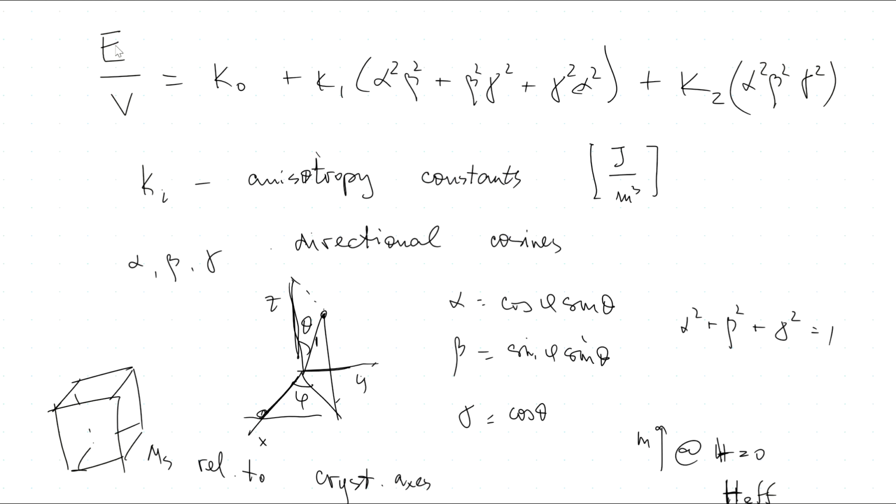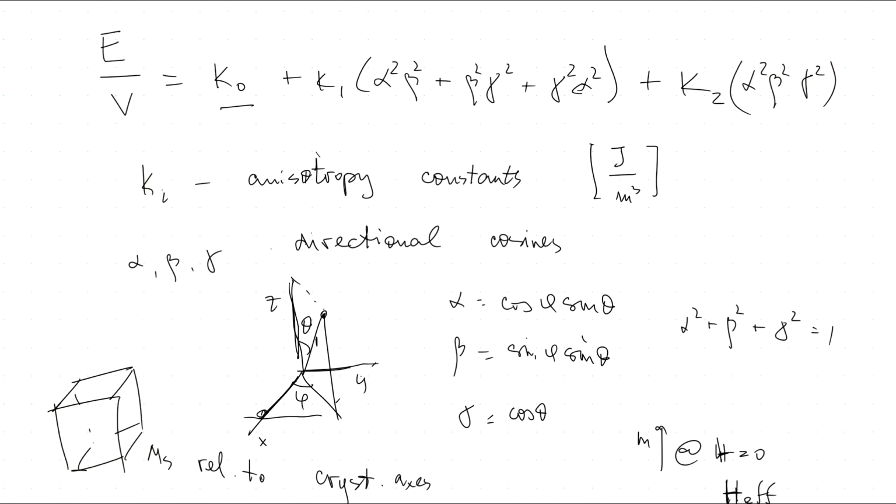And this is energy density per unit volume, and the value of it is defined by these K, the anisotropy constants, and its dependence on the angle is defined by these directional cosines.